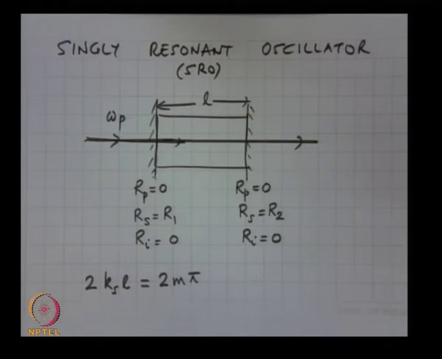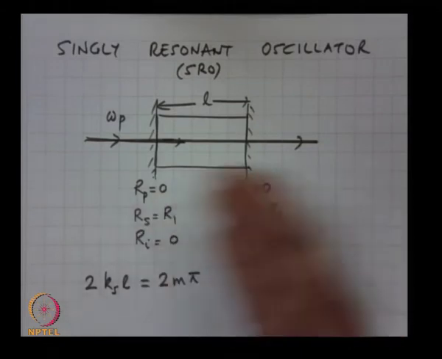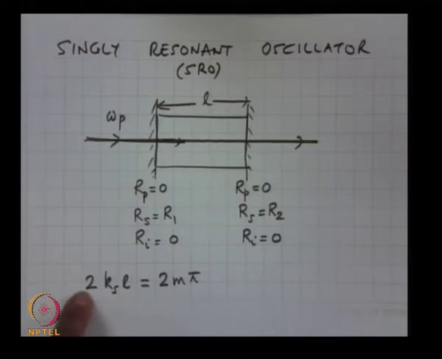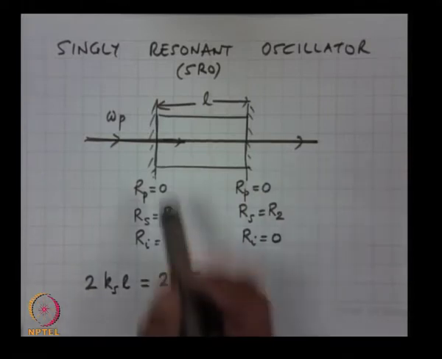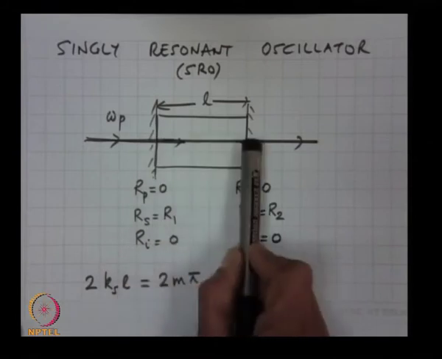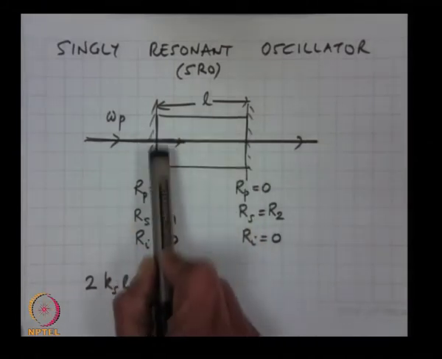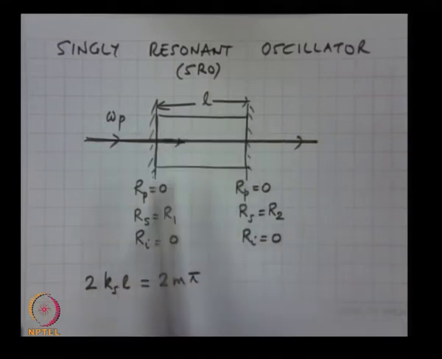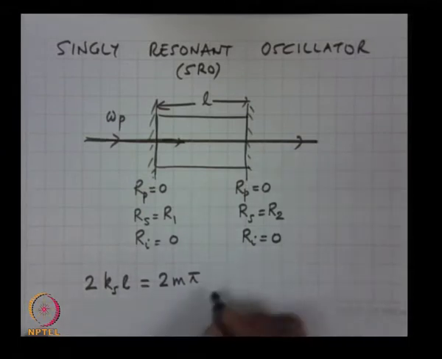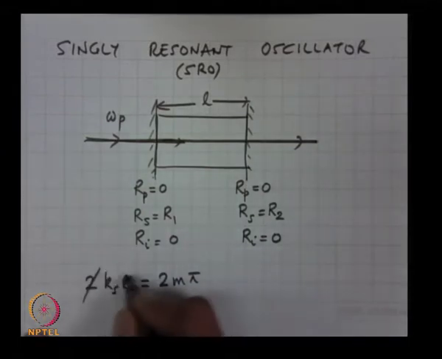If there were phase changes suffered because of the mirrors, I have to add those phase changes to KsL. So Ks times L is the phase change in going from here to here. Another Ks times L is the phase change in going from here to here. So the total phase change in one round trip is 2 times KsL, and that must be an integral multiple of 2 pi. So this gives me, 2 goes off.